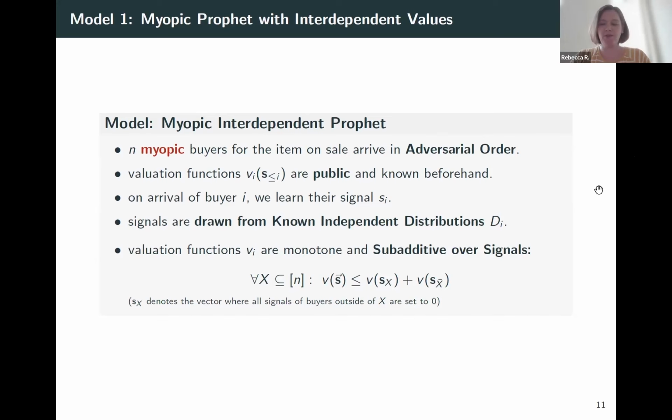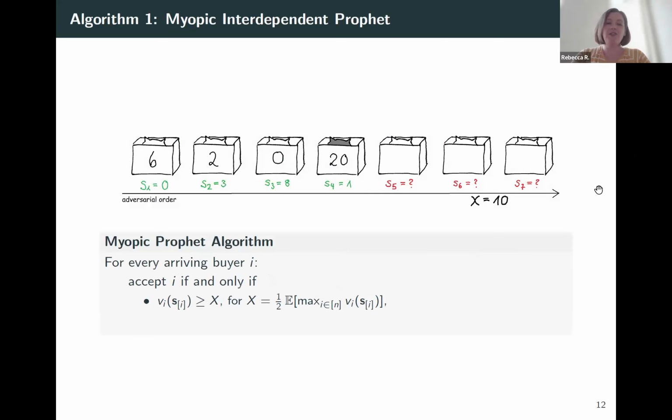So these are our assumptions, and let's just try and mimic what non-interdependent profits do. As I said before, there you can essentially go and say, I will take the expected best value, I will halve it, and I will accept anything that's at least half the expected optimum, right? Does that work here? The answer is sadly no.